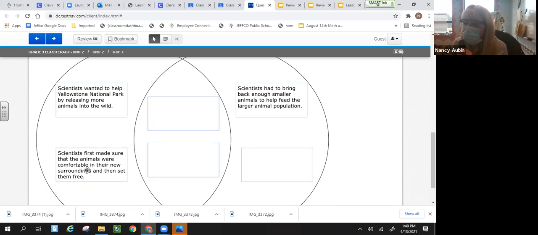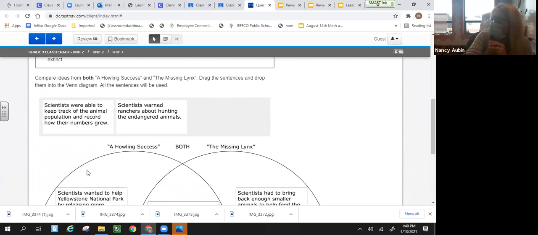First they were in their pens, right? Remember, we had a whole question about them getting comfortable, and then they let them go. Did the Missing Links talk about that? No. Did not.